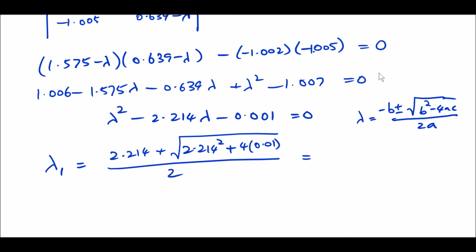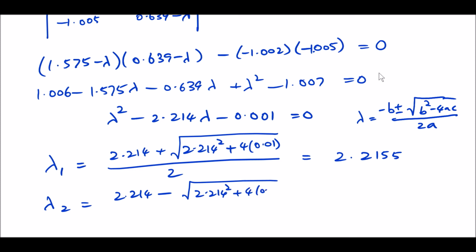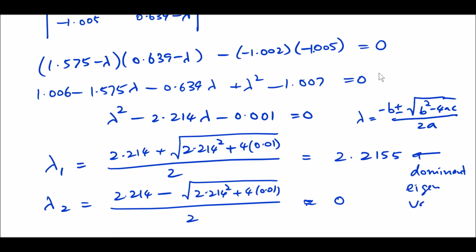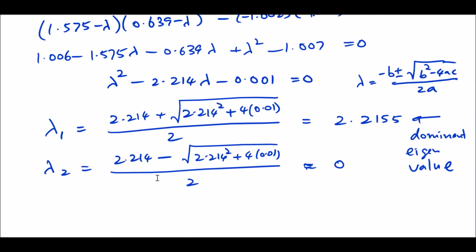When you simplify, you get a value for lambda 1 of 2.2155. Similarly, you can find lambda 2, which is 2.214 minus the square root of 2.214 squared plus 0.01, divided by 2, which will actually become 0. So we have a very dominant eigenvalue, the dominant lambda.